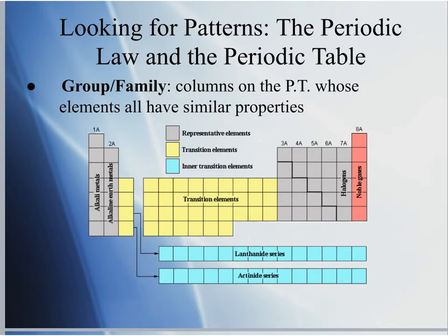All right, so when we look at the periodic table, there's different names for the different sections, like we said, and there's also names for the different columns. So these are what we call group or family names. These groups or families, just like your family at home, have similar properties.